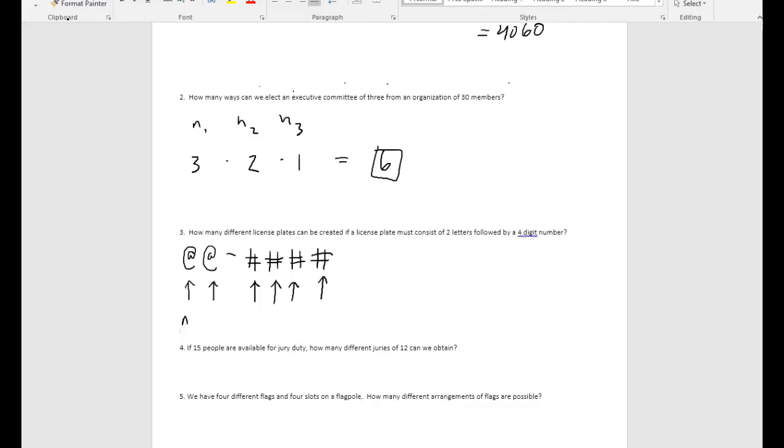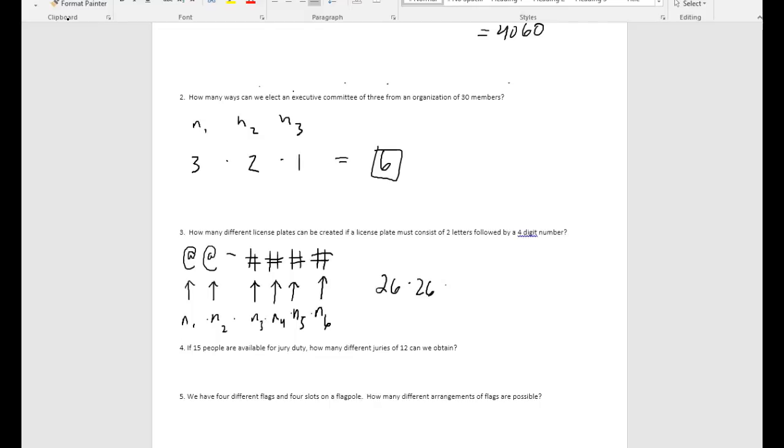Okay, and then we could view it as this is N1, N2, N3, N4, N5, N6. And then we would just multiply together the different options for each step. So the first letter, how many letters are there? There's 26 letters. Second letter would be 26 letters again.